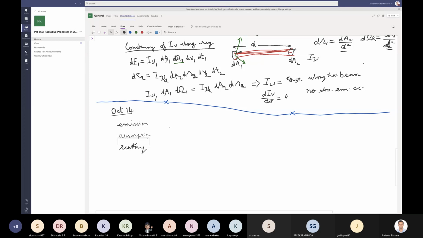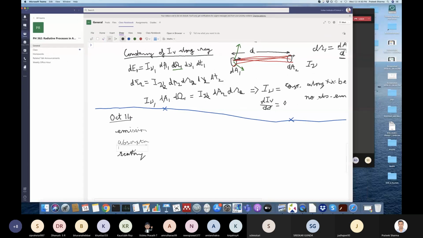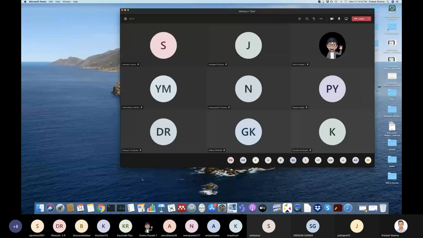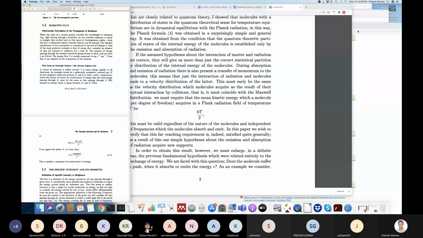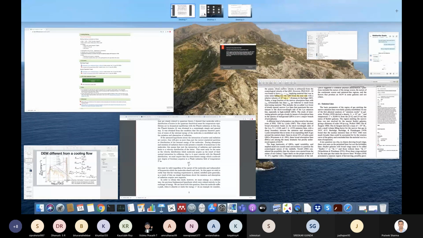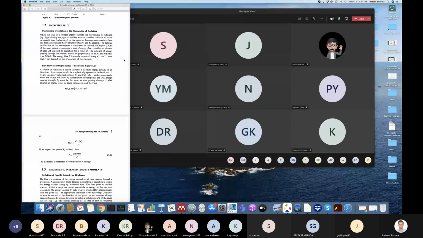So what I'll actually do is, rather than writing too much, I'll share this book, which I have the PDF of, and I will actually annotate on the book. I don't think this is actually working. So let me get that book, and since I'm closely following the book, I can.